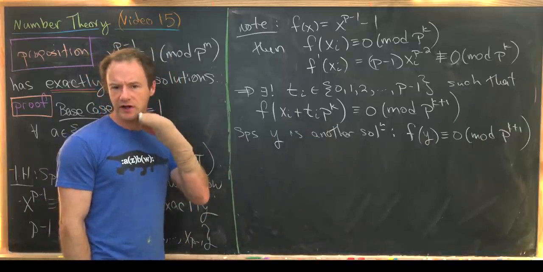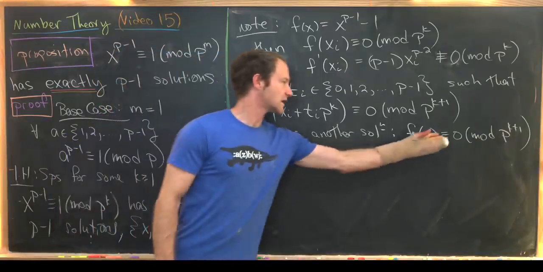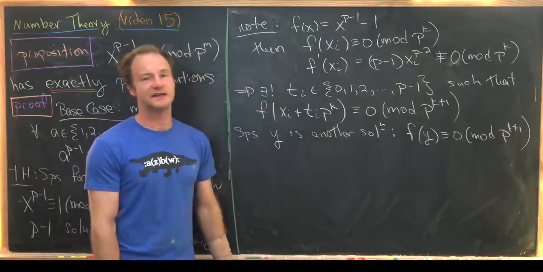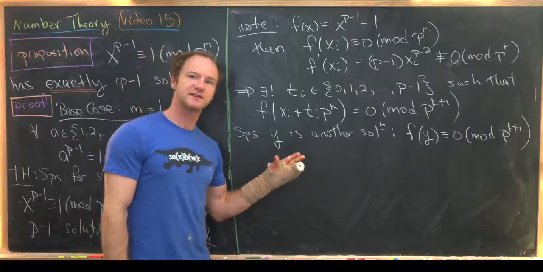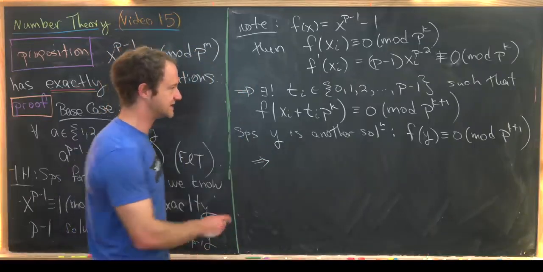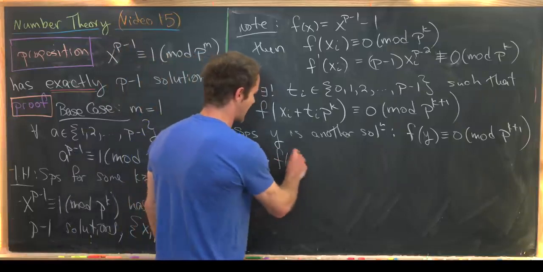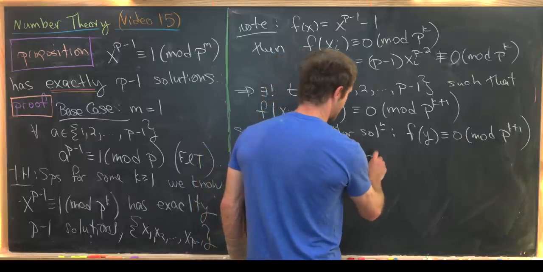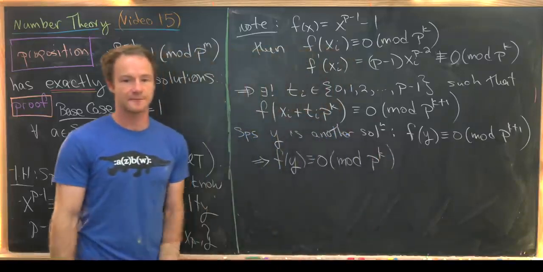Okay, so how can we get there? So this congruence right here tells us that f of y is a multiple of p to the k plus 1. But if it's a multiple of p to the k plus 1, that means it's a multiple of p to the k. So we know f of y is also congruent to 0 mod p to the k.